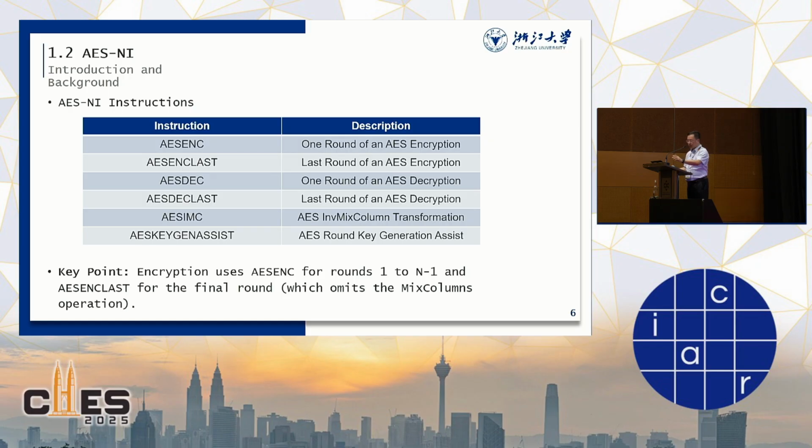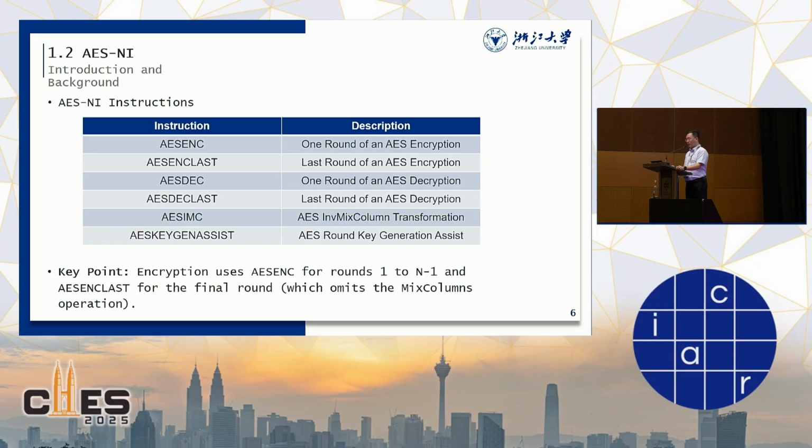So let's briefly look at the AES instructions, and there are 6 of them. The most important for the attack focus on the encryption and the decryption part. The first 4 instructions are named AESENC, AESENCLAST.